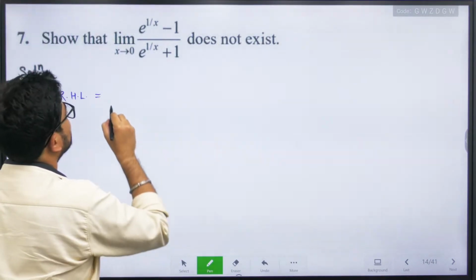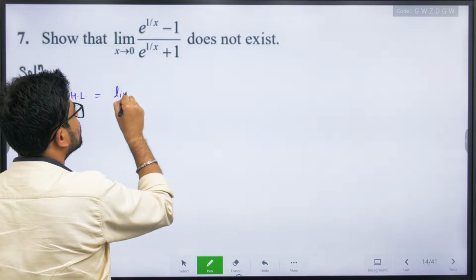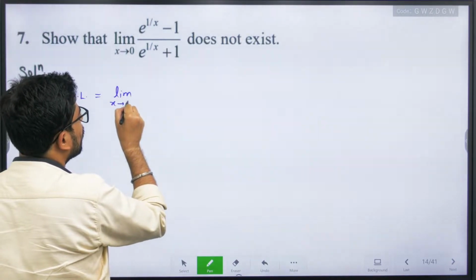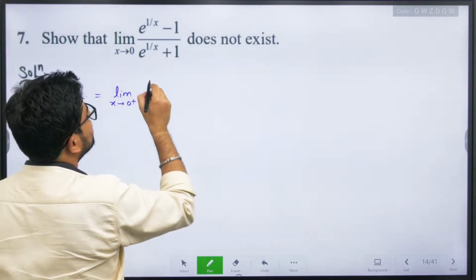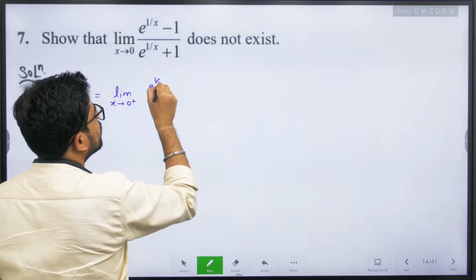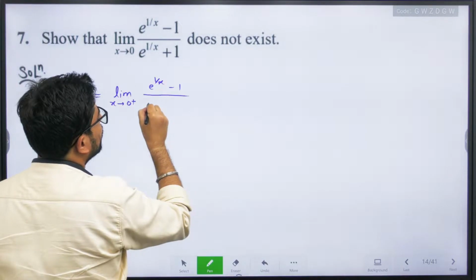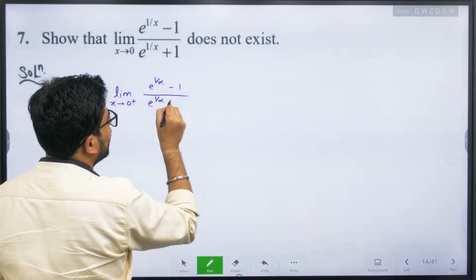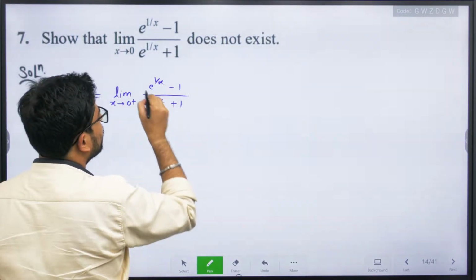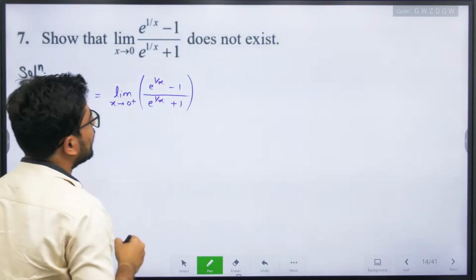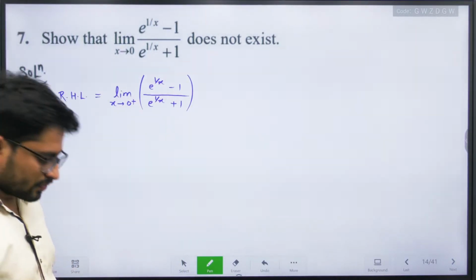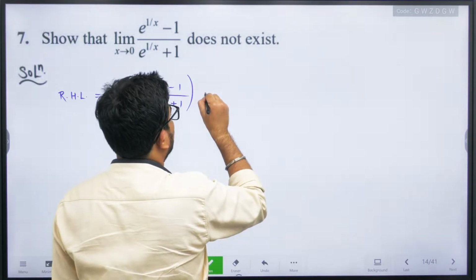Okay, so the right hand limit is the limit as x tends to 0 plus of (e power 1 by x minus 1) upon (e power 1 by x plus 1). Now you can take e power 1 by x common.